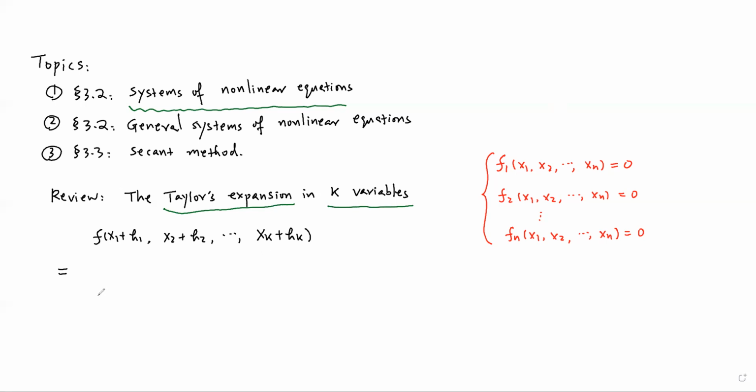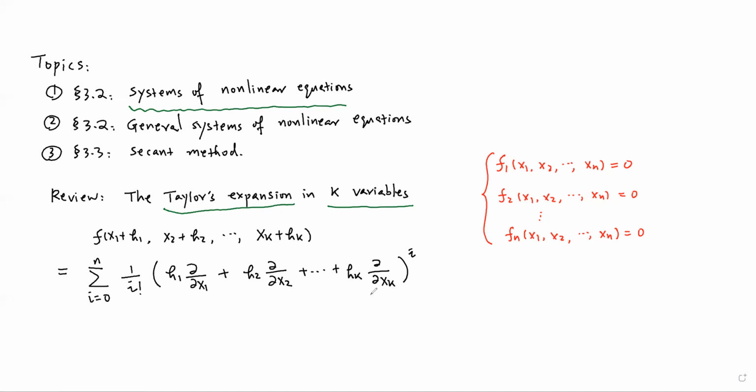The formula is the summation over i from 0 to n of 1 over i factorial times (h1 partial derivative with respect to x1 plus h2 partial derivative with respect to x2 and so on, plus hk partial derivative with respect to xk), then to the power i.